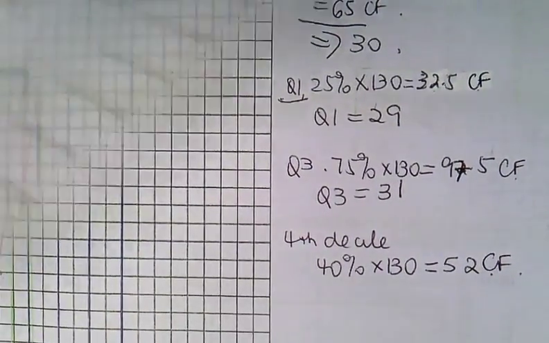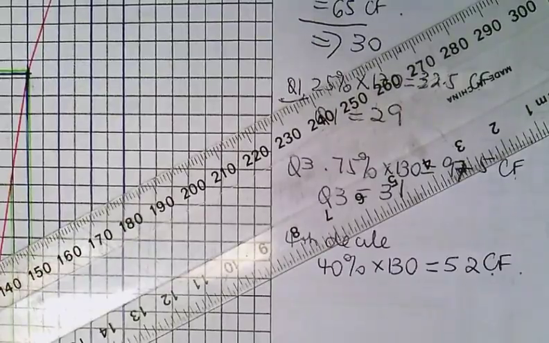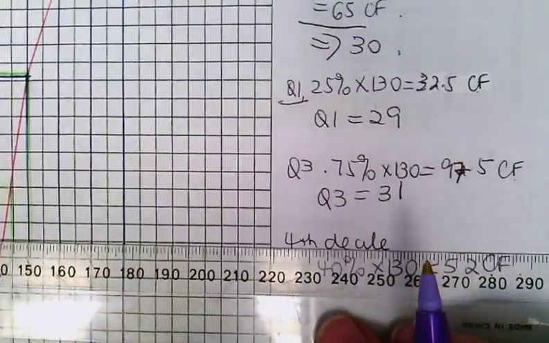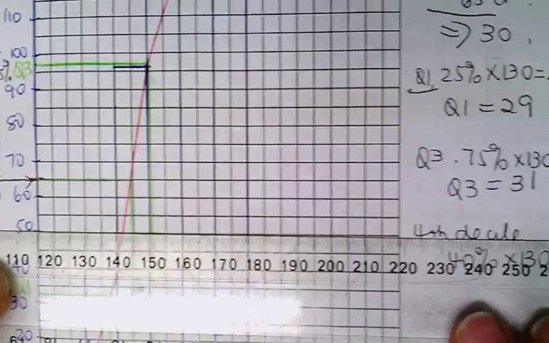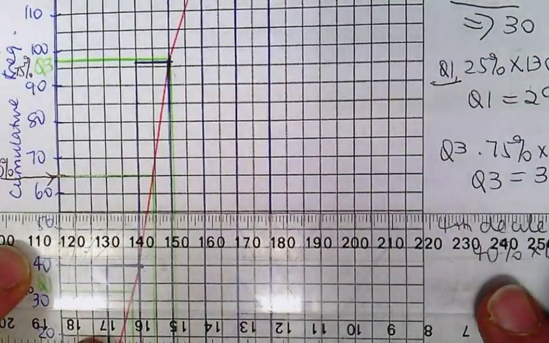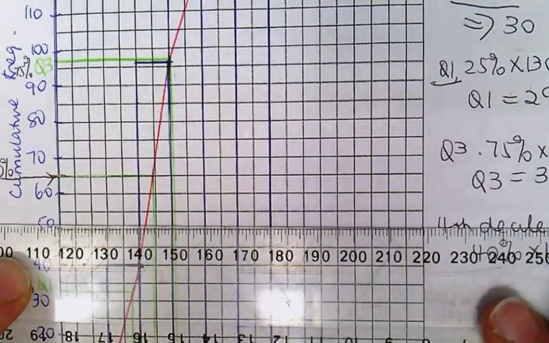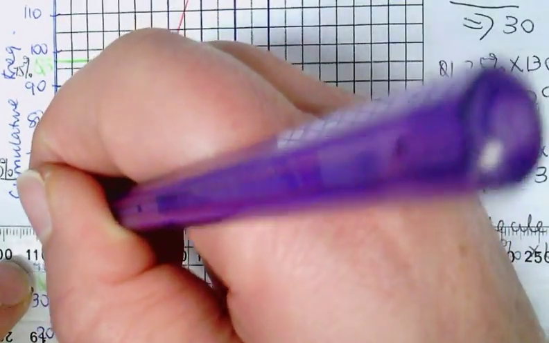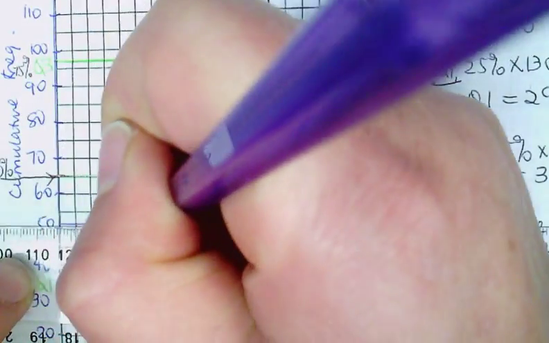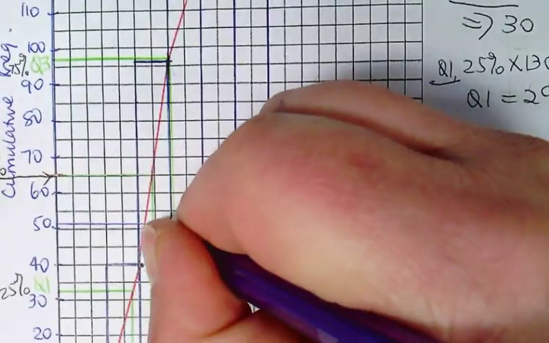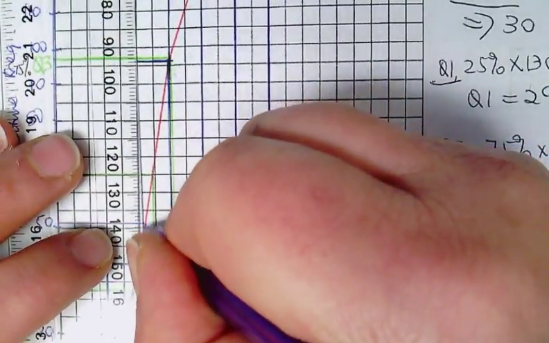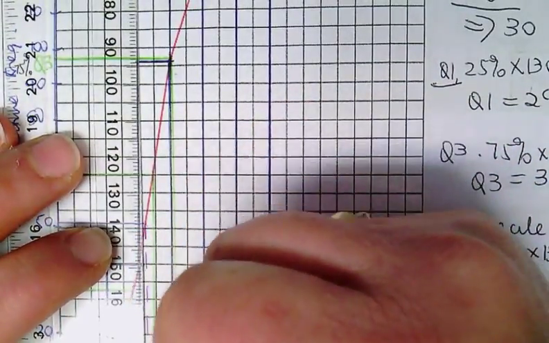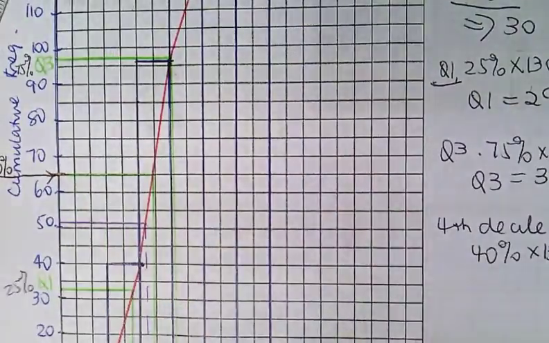So using your graph, come across at a cumulative frequency of 52. That's here, 50, 55, 52 would be just about there. And make sure you hit the red line and come down and see which column you're in.